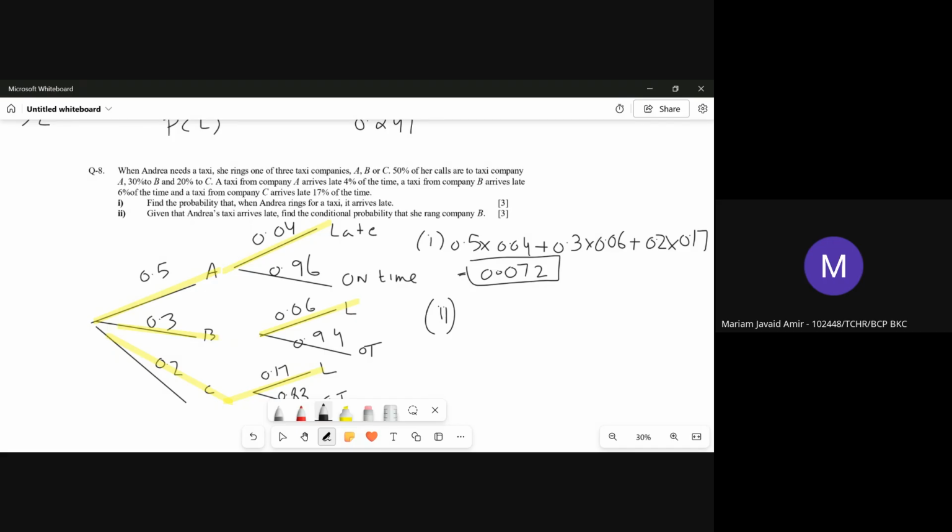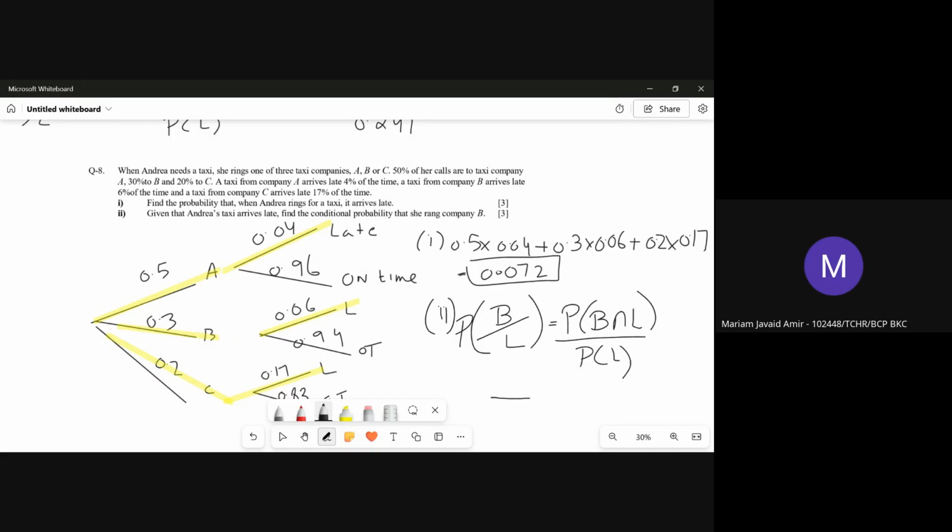Given that Andrea's taxi arrives late, so probability given late, find the conditional probability that she rang company B. So B given late is the question. The formula is going to be B and L in the numerator divided by probability of being late, which was already found in part 1. Okay.